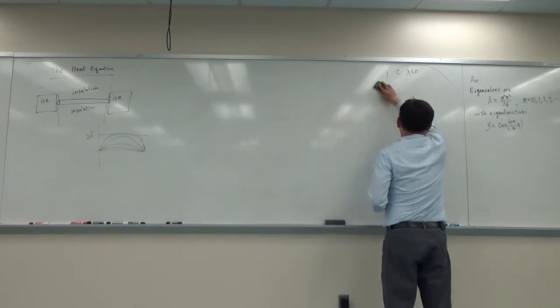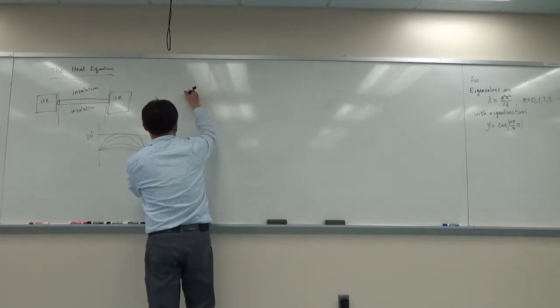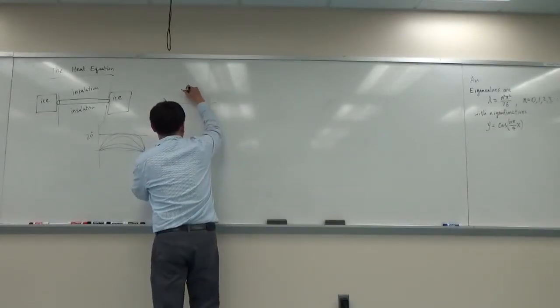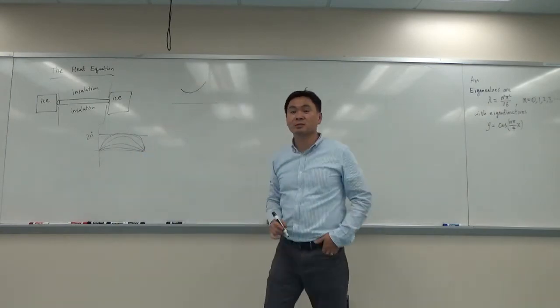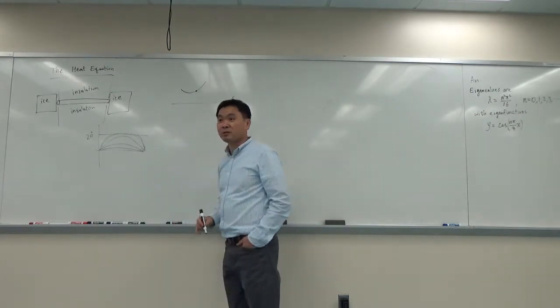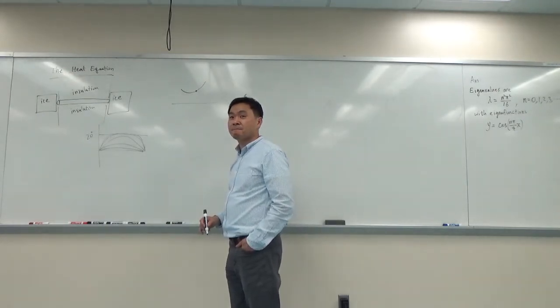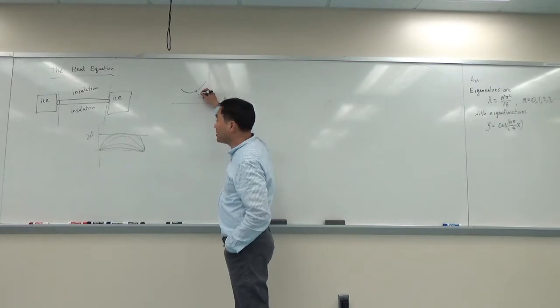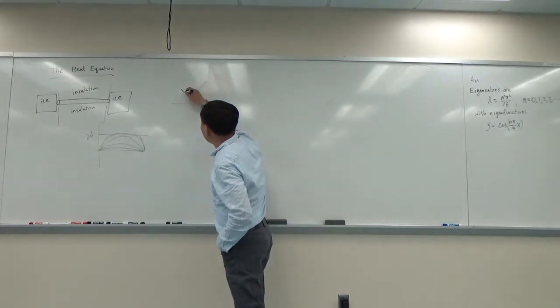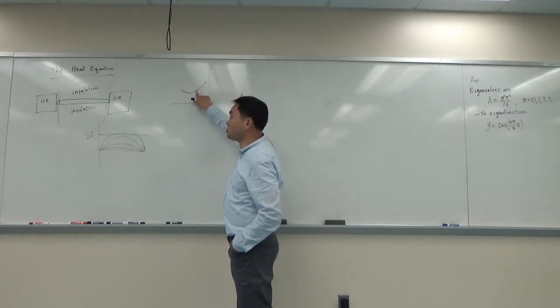Right? So suppose you have a heat distribution like that. Then at that point, do you think the temperature will go up or down? If the heat distribution is like this, a millisecond later, would you find this point to have a higher or lower temperature?